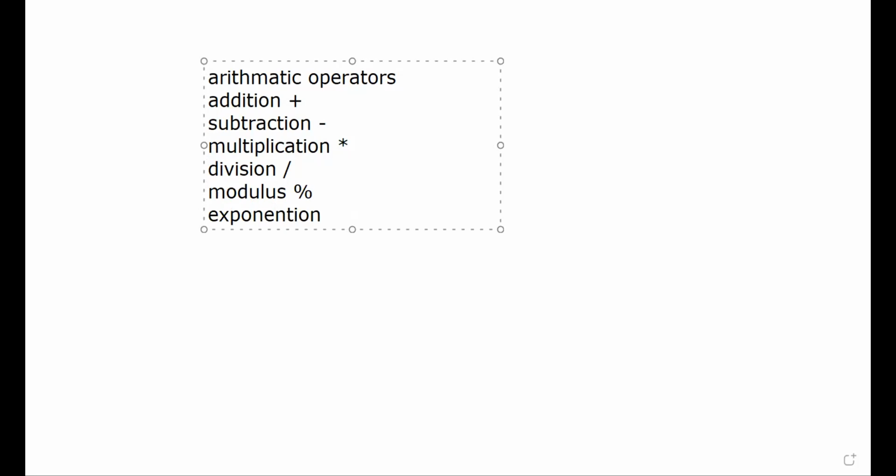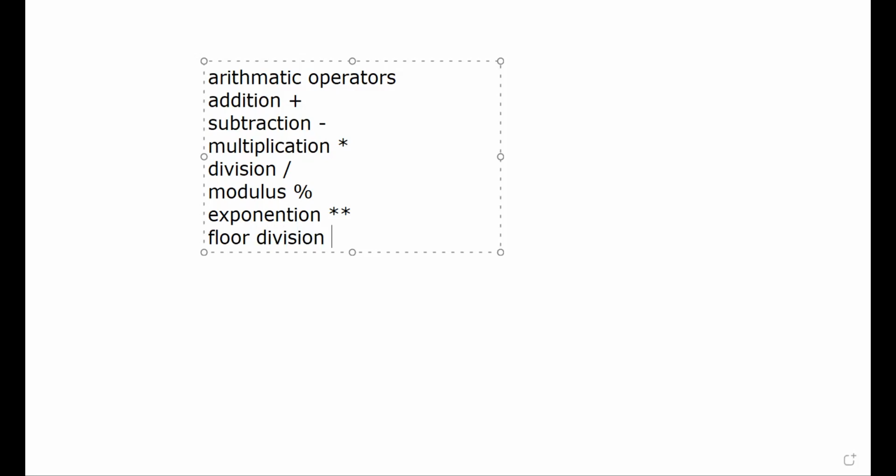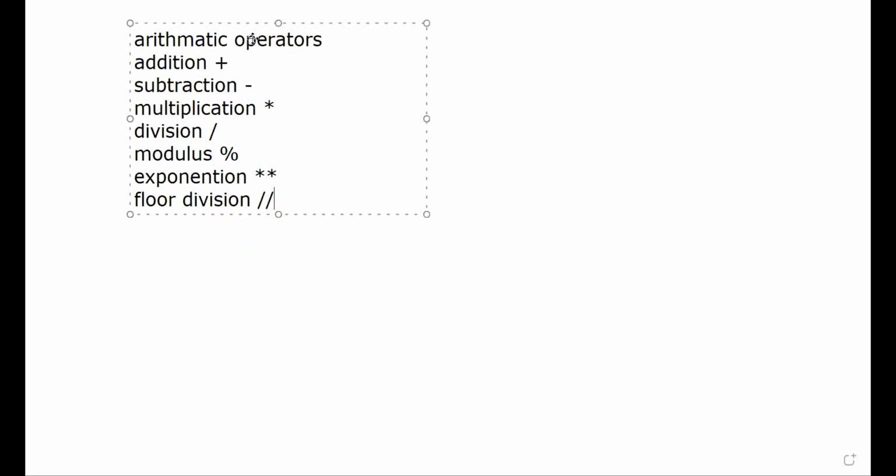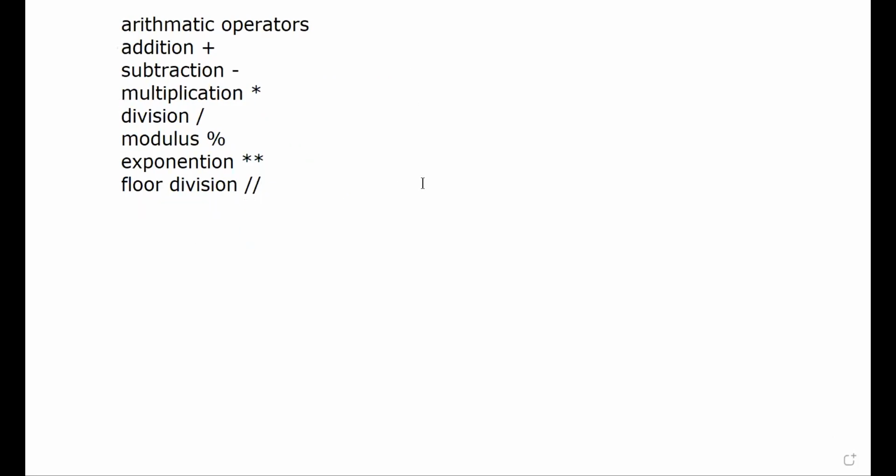For exponential, we use double star, and then we have floor division. For floor division, we have two slashes. So as we have discussed addition, subtraction, multiplication, division, now we are going to discuss what is modulus, what is exponential, and floor division.